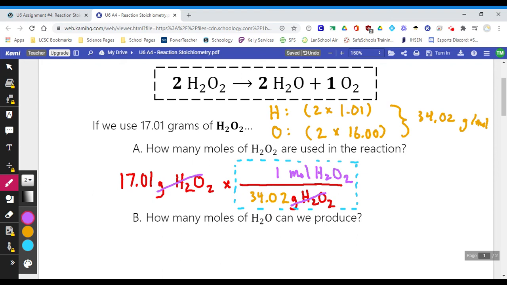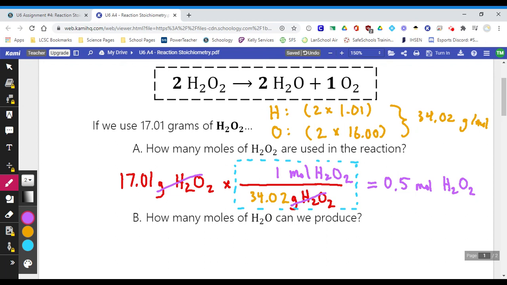So if I take 17.01 times 1 divided by 34.02, I should get my answer. 17.01 divided by 34.02 gets me 0.5. 0.5 moles of H2O2. So this is half a mole of H2O2.